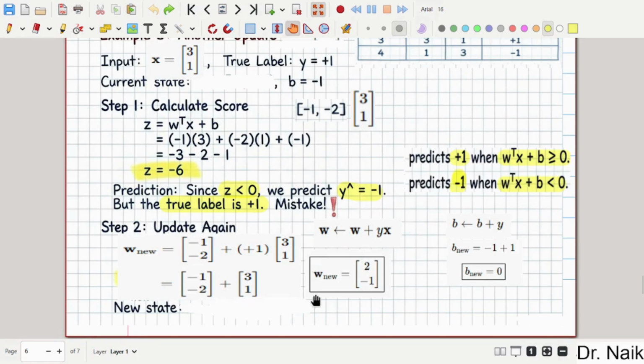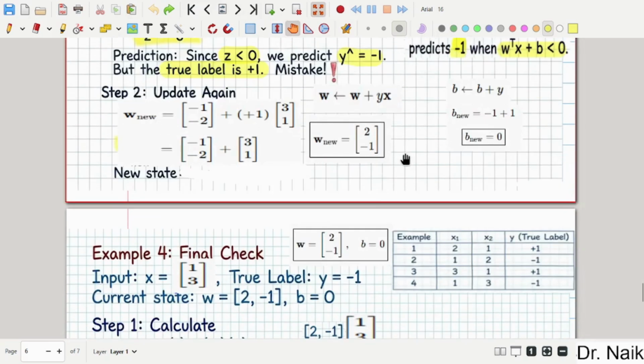So our W new is a column vector with entries 2 and -1. Similarly, we update the bias by the formula B new is equal to B old plus Y. Our B old is -1 and our true label Y is 1. So -1 plus 1 is 0. So our new bias is 0.